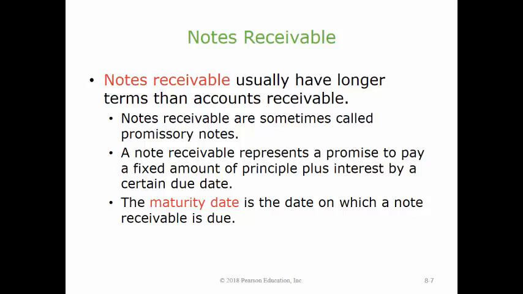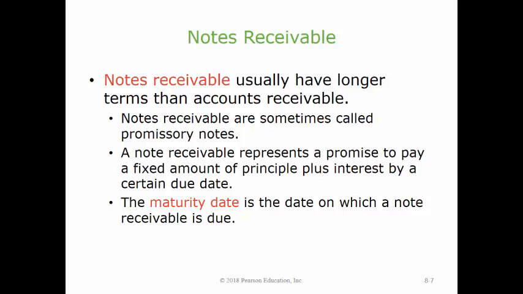Notes receivable usually have longer terms than accounts receivable. A note receivable is a written promise that a customer will pay a fixed amount of principal plus interest by a certain date in the future. The maturity date is the date when a note is due.